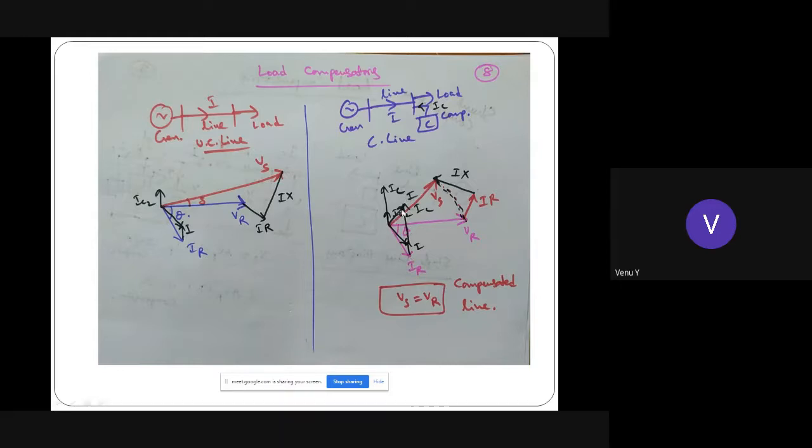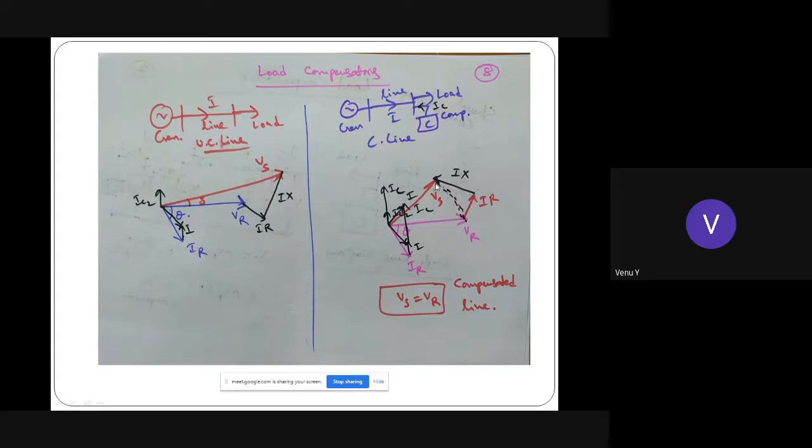You will get I. Now the current I is the summation of IR, IC2 and IC, and it is leading VR. Therefore, the IR drop is also in phase with the current I. The red color is the IR drop, and black is the IX drop, 90 degrees leading with the IR. If you join the initial and final points, you will get VS, the sending end voltage.